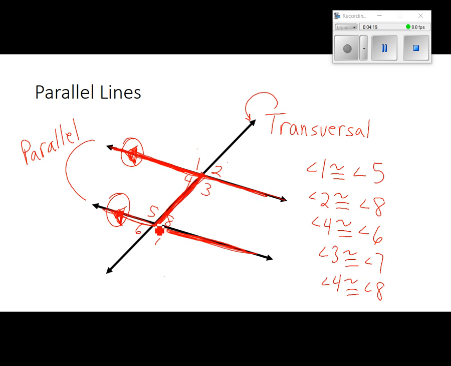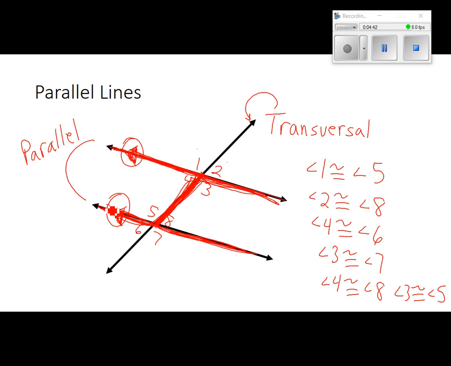Close. 3 and 5. So angle 3 and angle 5 are also congruent. Does everybody see how if I trace angle 3 here and I trace angle 5, it sort of forms a Z? Yeah. So those are congruent also.